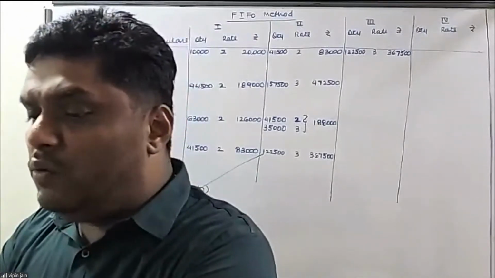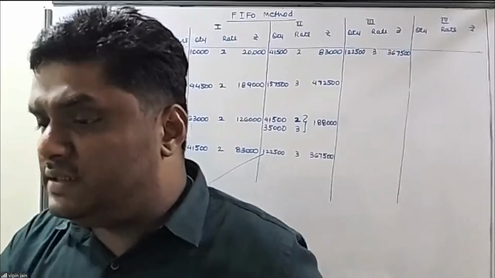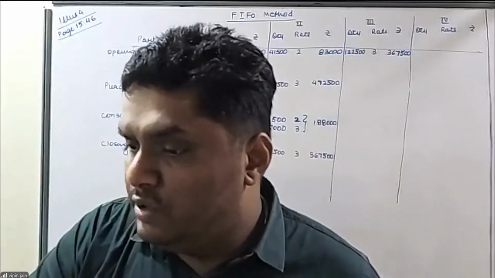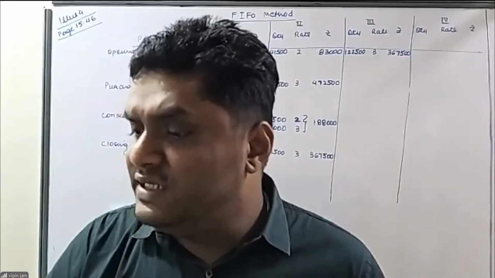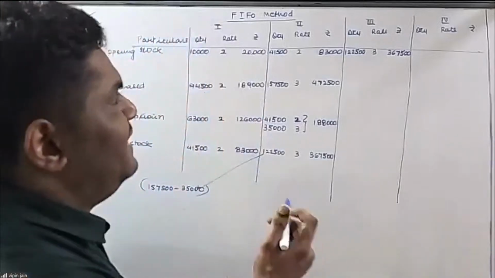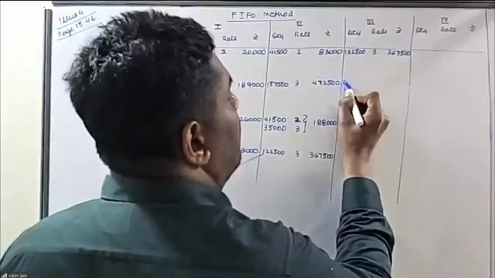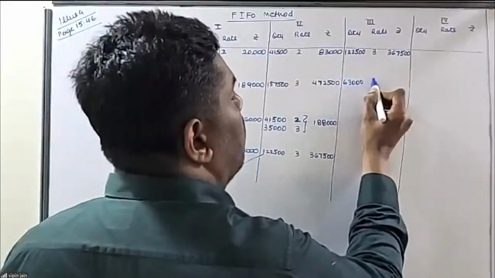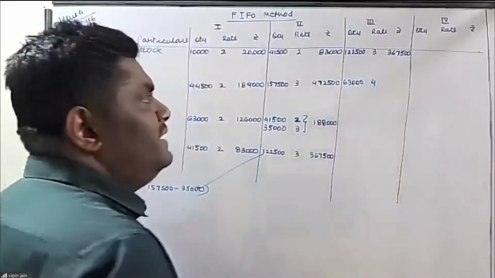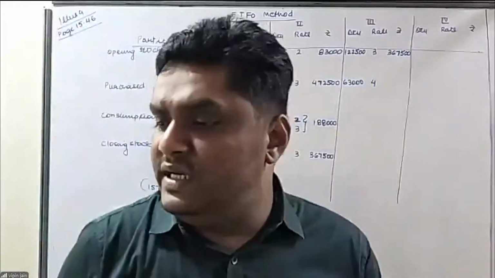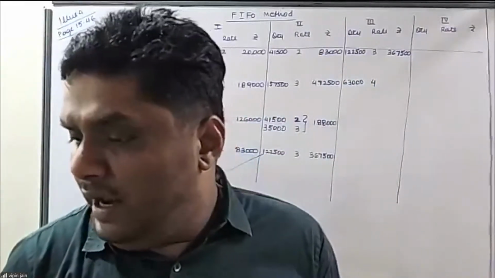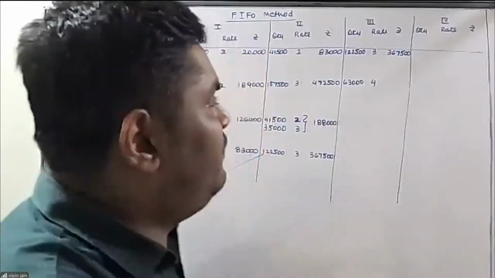Now see, in the third quarter, the quantity purchased is 63,000 kgs at the rate 4, and the total amount is 2,52,000.